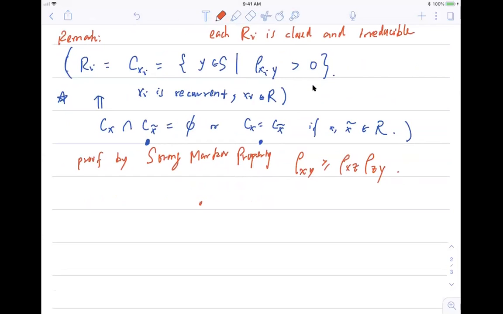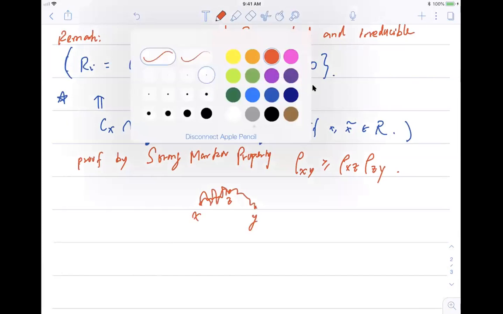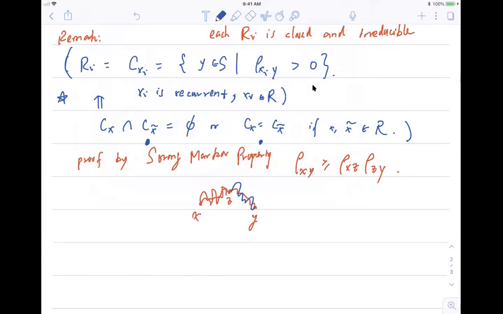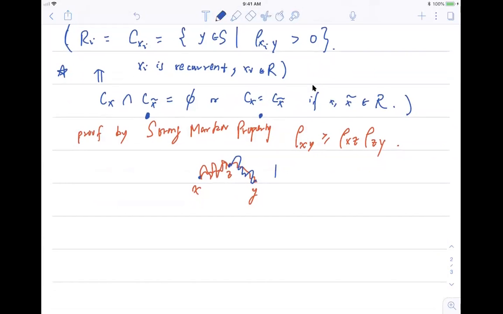So if from x you reach y in finite time, you can decompose this: you first reach z, and then you go from z to y. Definitely true, but this is an exercise, you can try to prove it.